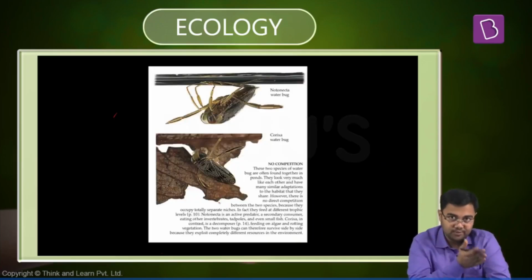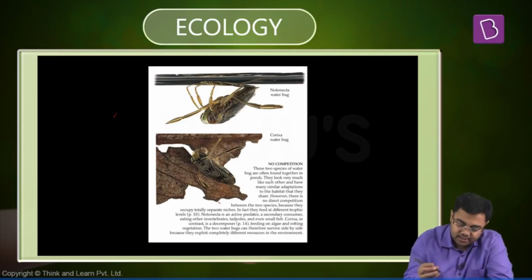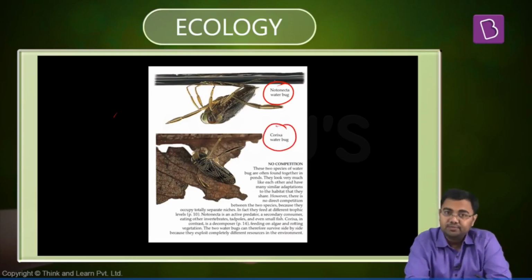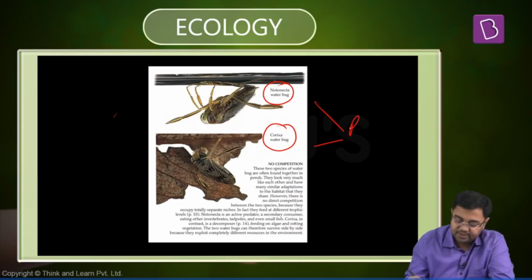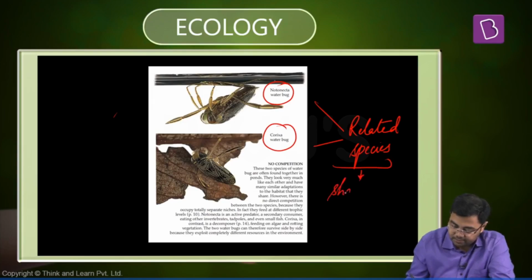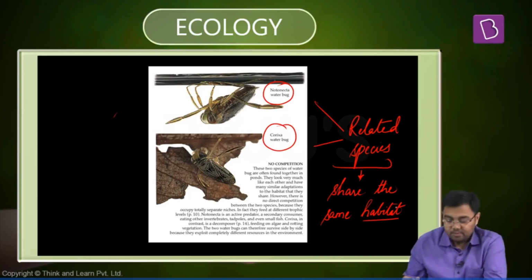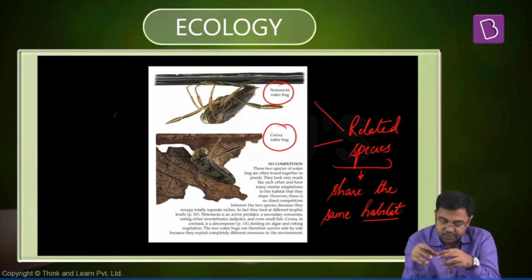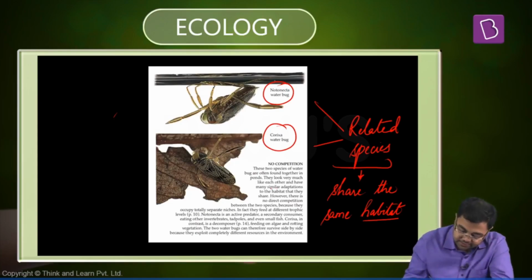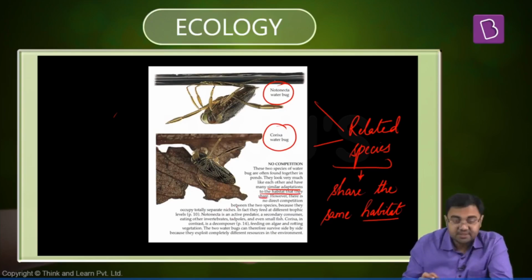One more example of the fact that we just discussed: look at the Notonecta waterbug and the Corixa waterbug. Now these are two related species which actually even share the same habitat, but their niche is completely different. So although they are related species, very similar to one another, they have many similar adaptations to the habitat they share, but their niche is completely different.